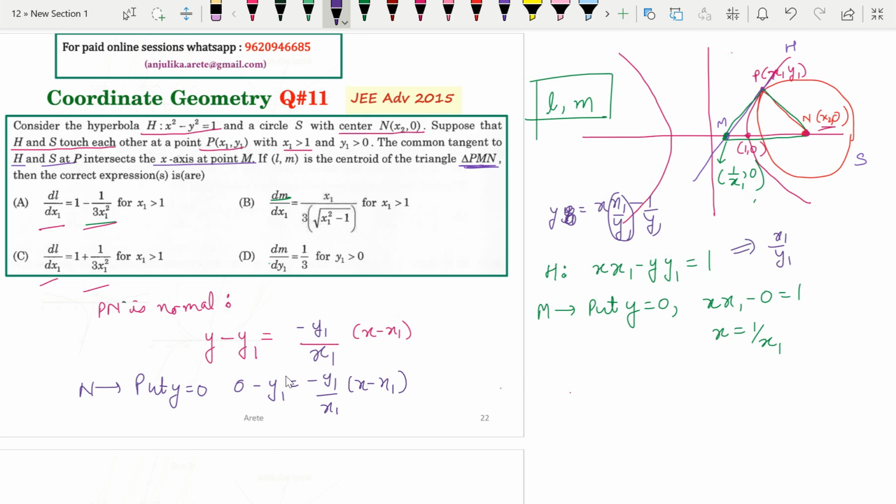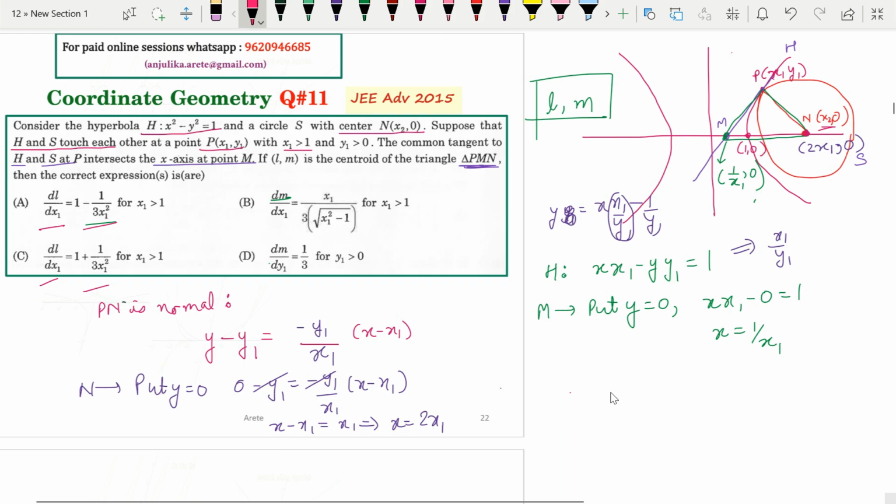Cancel this out. You get x minus x1 is equal to x1, so your x is 2x1. So that means the coordinate here is 2x1. You got x2 to be 2x1 basically: (2x1, 0).